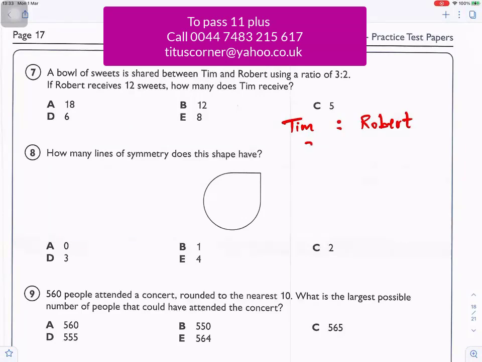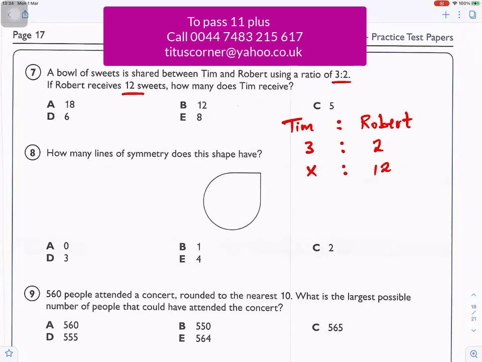So the ratio is 3:2. So for Tim, we don't know, we call it X. For Robert, we know it is 12. So it's X and 12 sweets, 3:2.